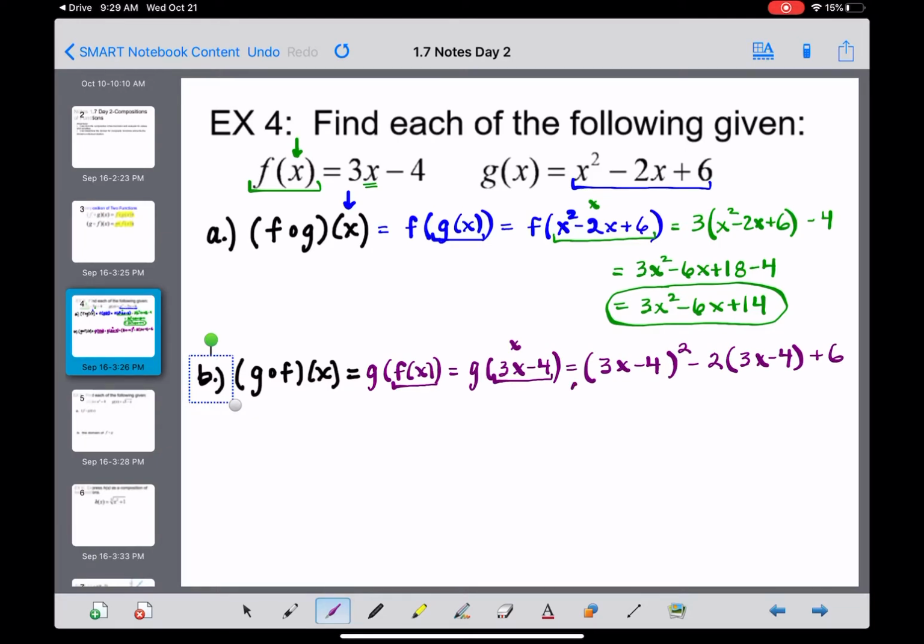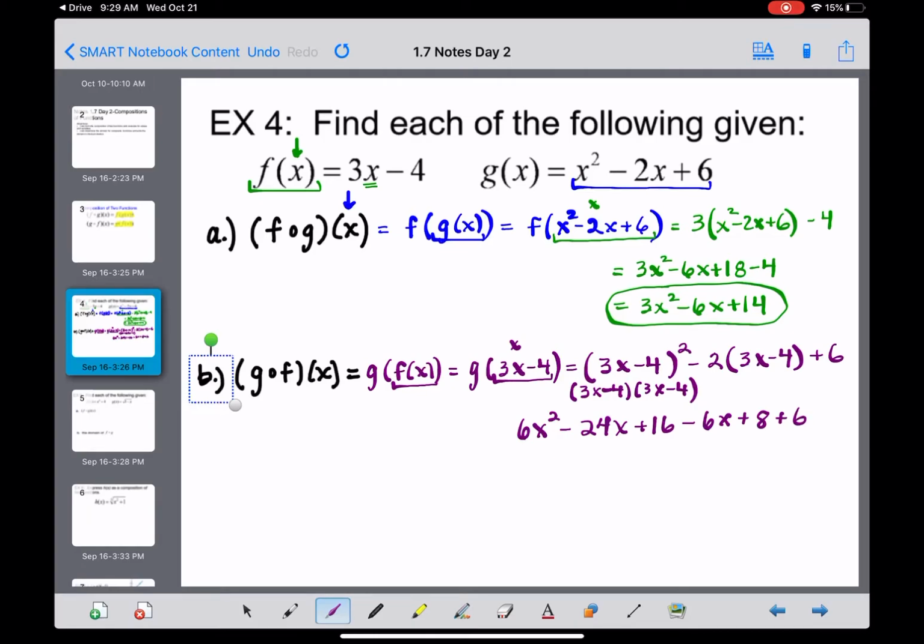So again, we need to know that 3x minus 4 quantity squared means that you multiply it by itself twice. So 6x squared minus 12x would be minus 24x. If you need to write those out separately, you can. Plus 16, going to distribute the negative.